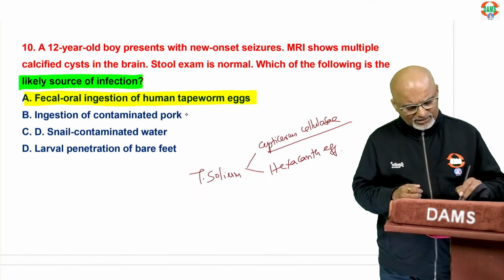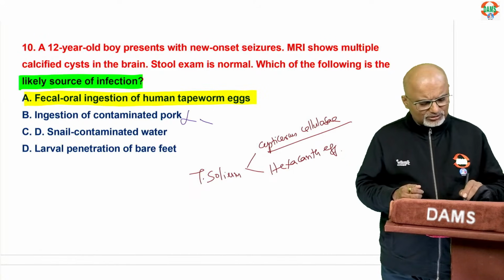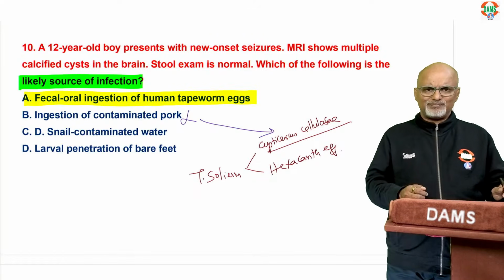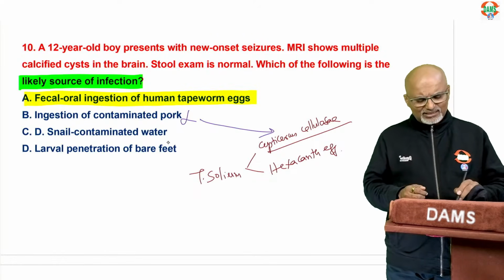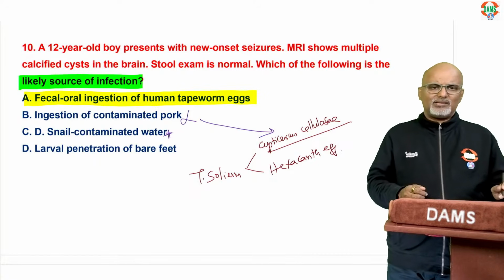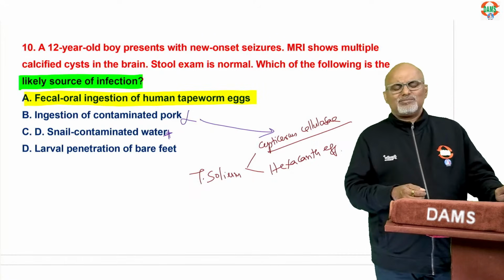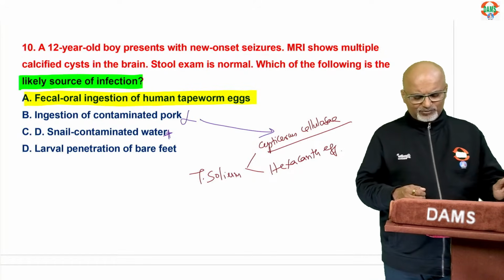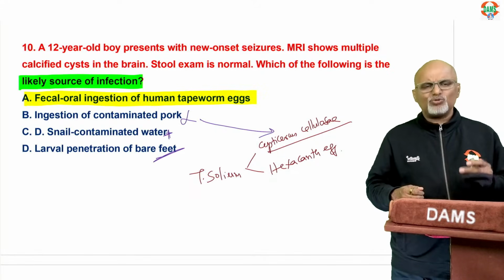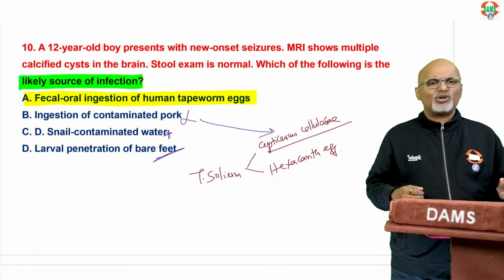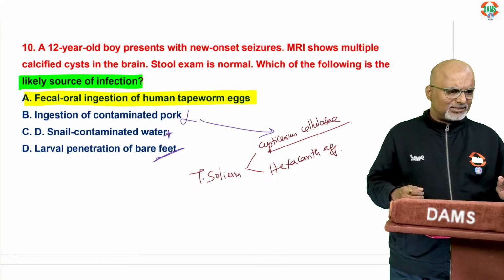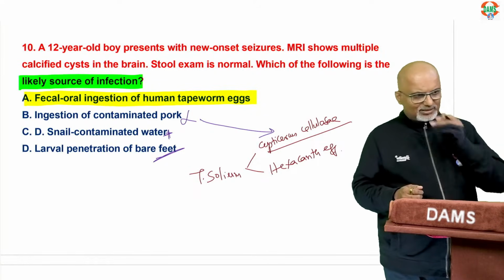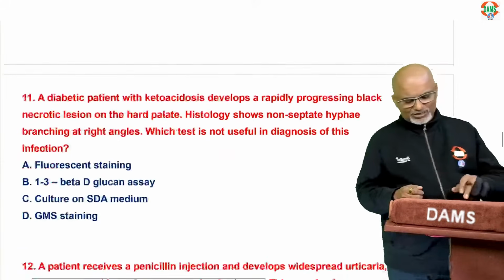Ingestion of contaminated pork leads to Cysticercus cellulosae diarrhea. Snail-containing water, no use, because snail is an intermediate host in trematodes, but directly it may not affect. Larval penetration is of barefoot hookworm or Strongyloides stercoralis. You got my points, my dear? Hexacanth. 10 more questions, don't worry. 8 o'clock class will be over.